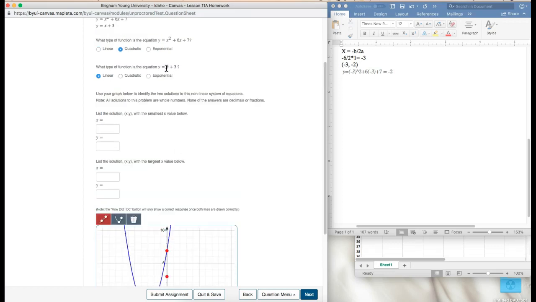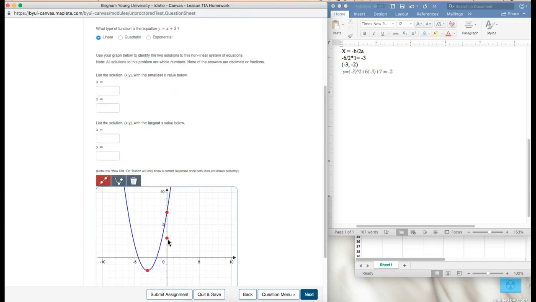The next part is the slope is positive 1. To make that into a fraction, because slope is defined as rise over run, I can take this whole number and just divide it by 1. So that tells me that I rise 1 and I run 1. So from this y-intercept, this point on our line, I'm going to rise 1 and run 1. I could continue doing this because all of these points will be on the line if I rise another 1 and run 1, rise 1, run 1.